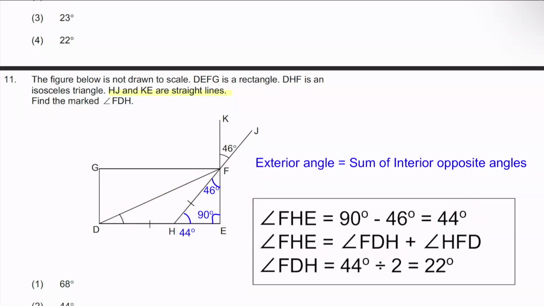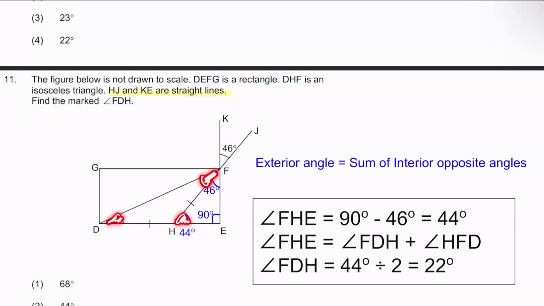What is exterior angle? Exterior angle is here. This is on the outside of this triangle, right? So this is the exterior angle, which is 44. It is equal to the sum of the interior inside angles, which are opposite angles. So this angle here is equal to this plus this. Got it?